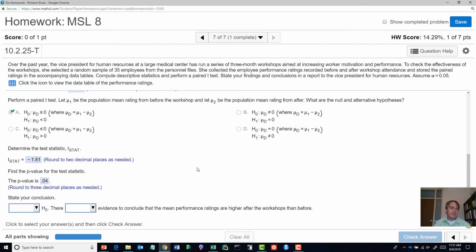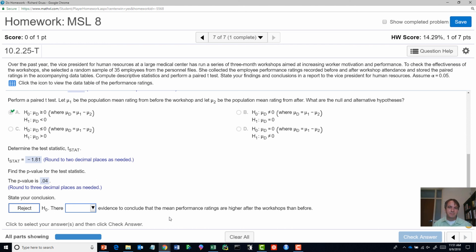Okay, so that p-value is less than our stated alpha, 0.05, so we're going to go ahead and reject the null. Okay, so we'll reject the null hypothesis. So by rejecting the null, we are saying that mu1 minus mu2 is less than 0, right?